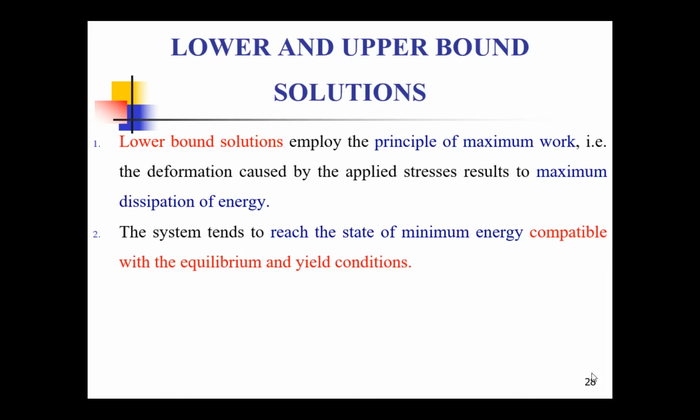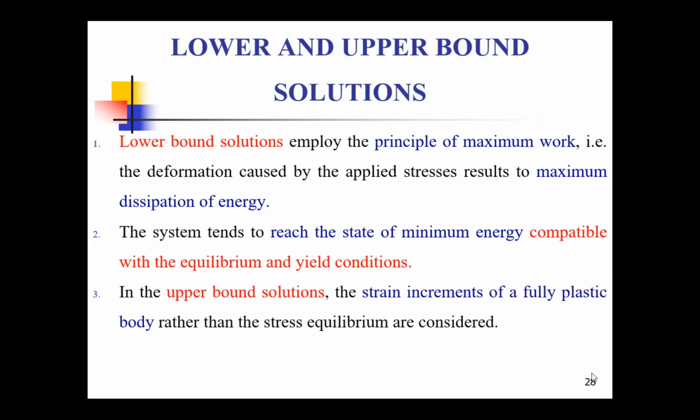So the system tends to reach the state of minimum energy, that is, the work required to remove or deform the material has to be minimum. So these lower bound solutions tend to reach a state of minimum energy with equilibrium and yield conditions. That is how the lower bound solutions work.